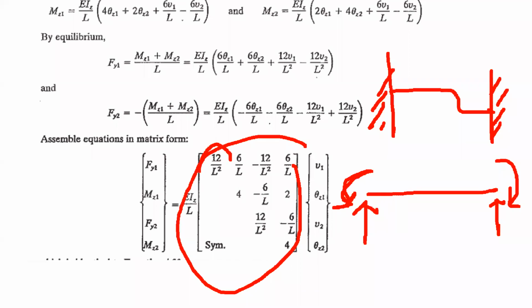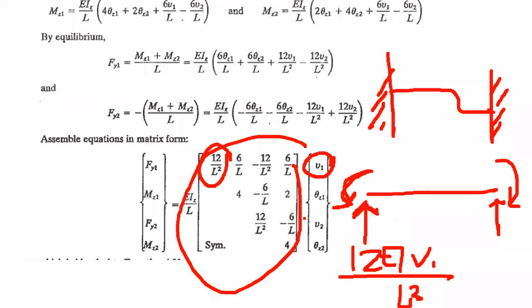That means this 12 over L squared corresponds to the reaction at this end. 12 over L squared V1, if you expand it, is 12 EI V1 over L cubed. That is the vertical reaction on this end if you have a 1 unit displacement on this end.